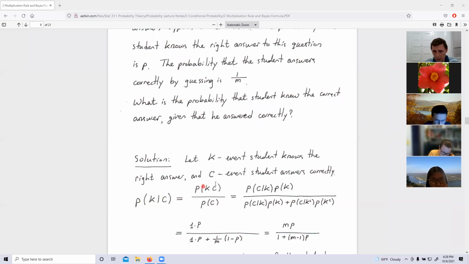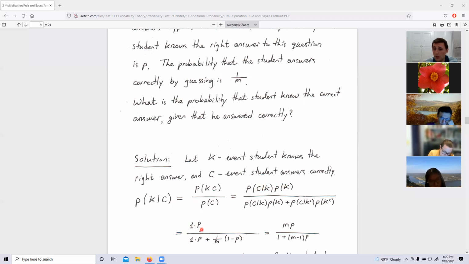And then just working it up, it's the probability of correct and the person knows the answer divided by the probability of correct. Now, the numerator, it's two events. I can condition: probability of knowing, times probability of correct given knowing. Now, probability of correct given knowing, given that the answer is known, is 1.